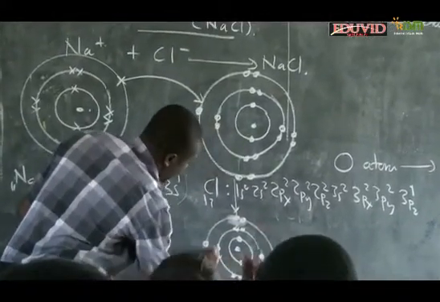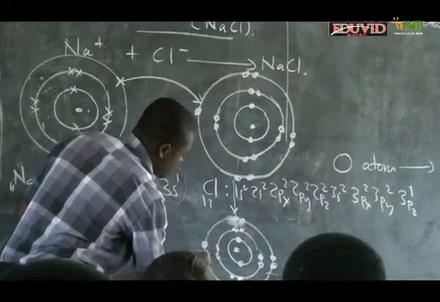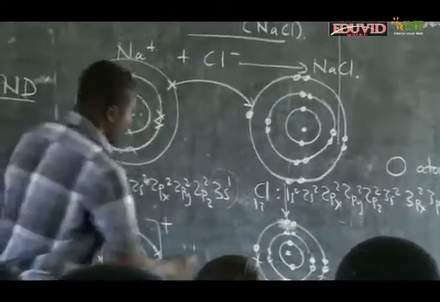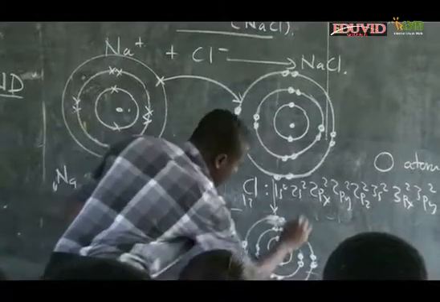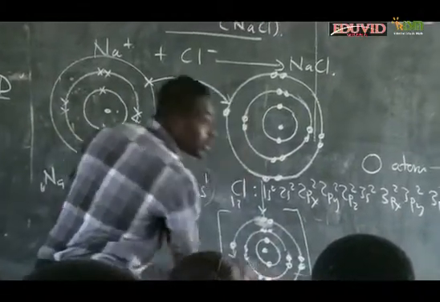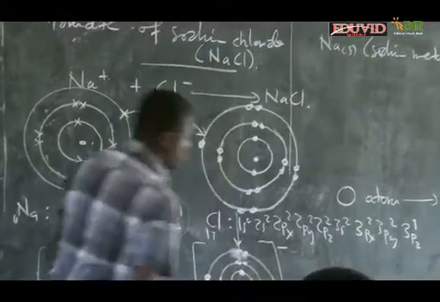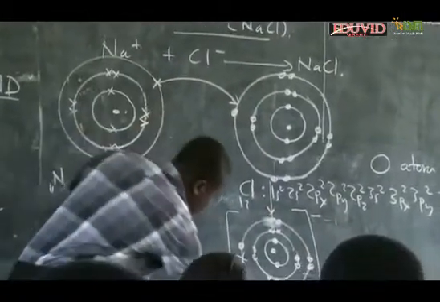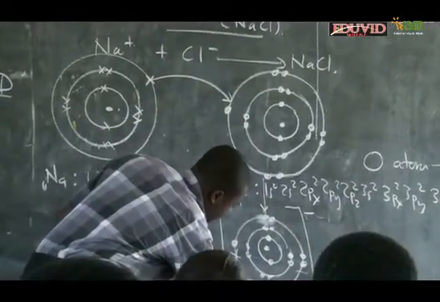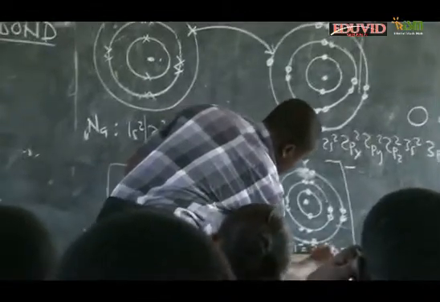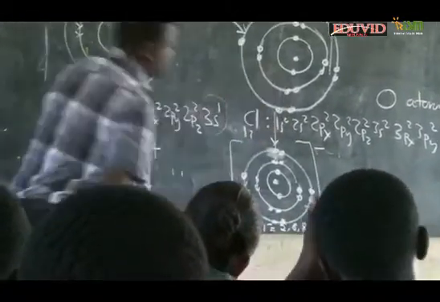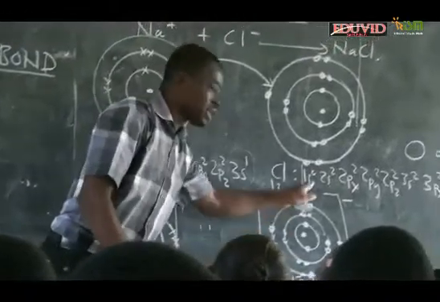But this one is not coming from chlorine, so we indicate it with a cross. Because this has gained 1 electron, the charge on this will become -1. So the configuration for this 17 will also become 2, 8, 8, which you can also write in the detailed form, the same thing.